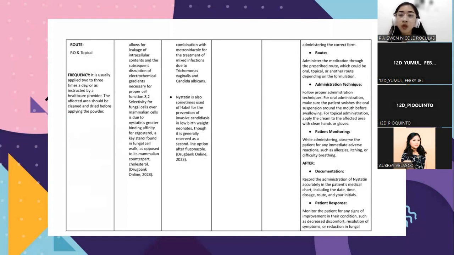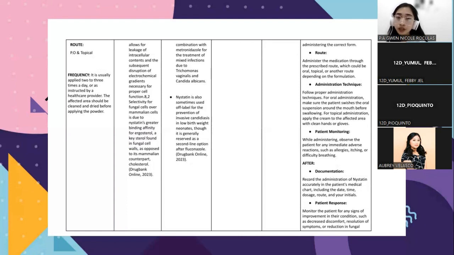So we really have to make sure na in-intake ng patient natin yung binigay nating drugs para ma-assure na matitreat talaga natin yung patient natin. Next is patient monitoring. So while administering, observe the patient for any immediate adverse reactions such as allergies, itching, or difficulty breathing. So makikita naman natin yan while we are giving the medication if ano yung magiging adverse reaction nila.